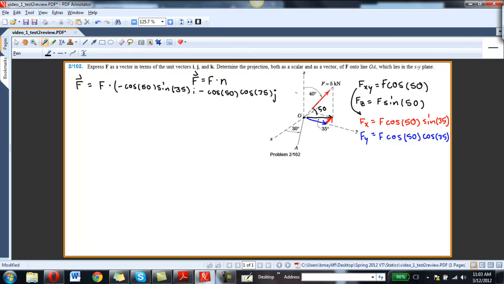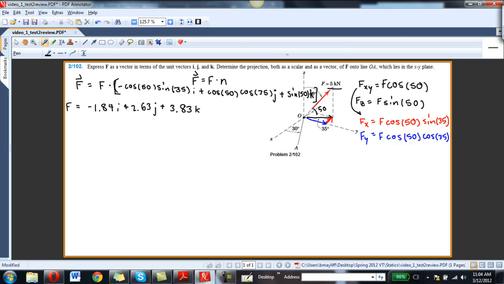And then that's going to be positive, so plus sine 50 k. That sort of ran on a little bit, but it shouldn't be too difficult to solve, seeing as F is 5 kilonewtons. So, just plugging in the numbers, I'll just do that quickly. And a little mistake there, actually the y's are going to be positive. Just remember that. So this is what we get for the F in terms of the unit vectors.